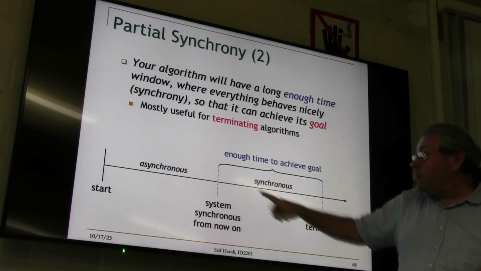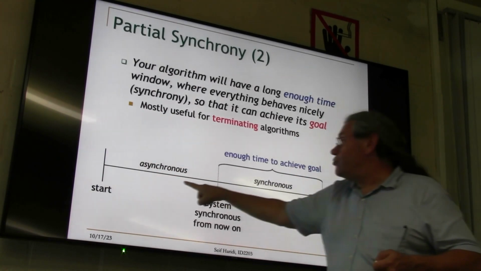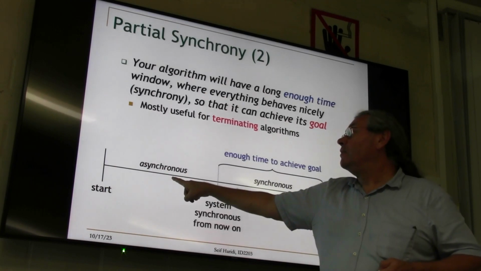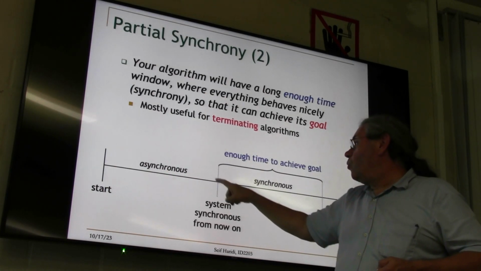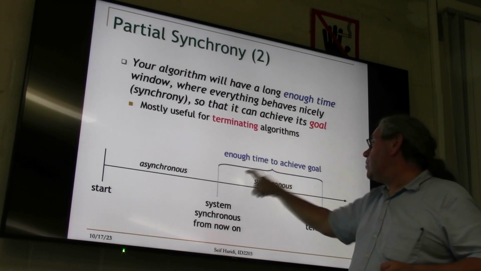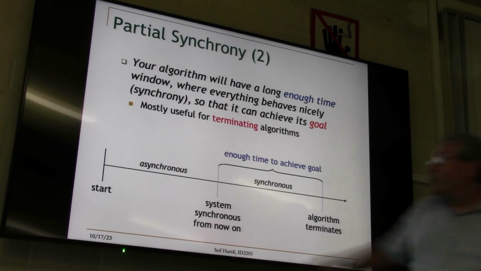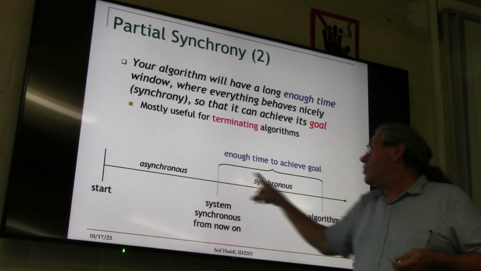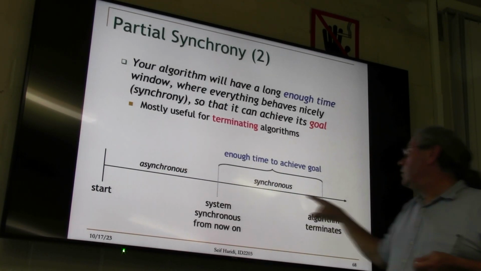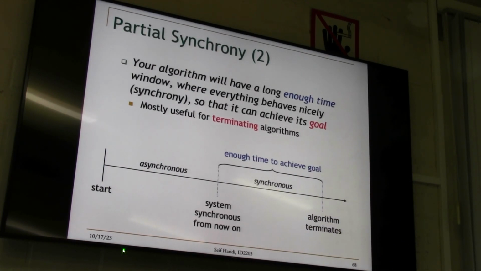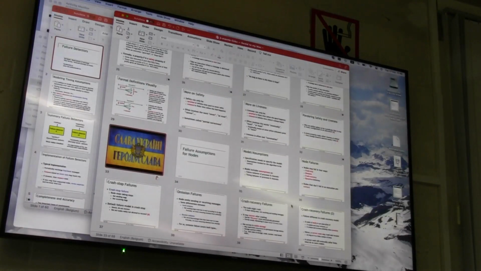So basically the algorithm has to make sure it doesn't do stupid things here, that it will wait long enough until it's here before actually making a decision. So if you run a consensus algorithm, you cannot make any decision until here. The algorithm has to make sure it's here before it actually decides. And it can do that, okay? So that's important. So that's an important concept for this course, okay? And so we'll be using it very, very often.